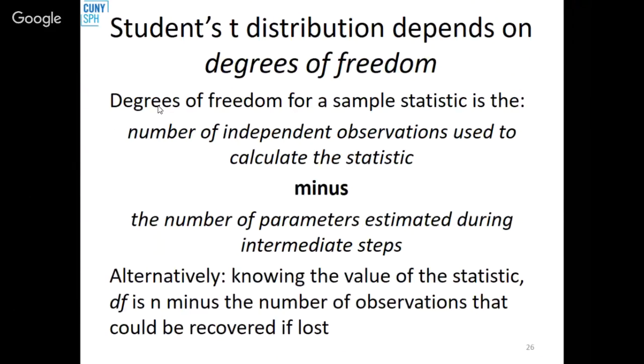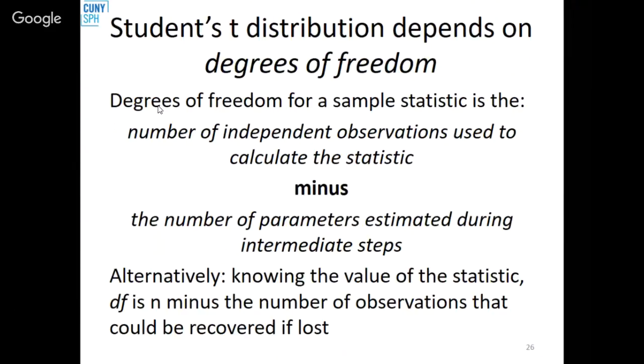Another maybe more intuitive way to think about it is that if you know the value of the statistic, the degrees of freedom is n minus the number of observations you could recover if you lost those measurements. So let's say you had 3 observations.